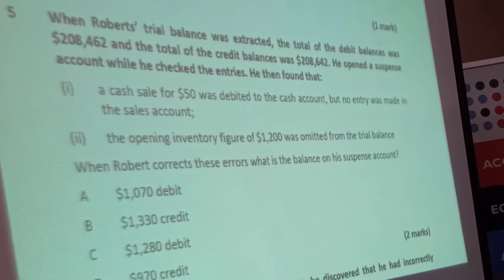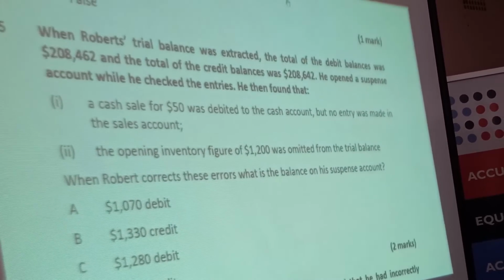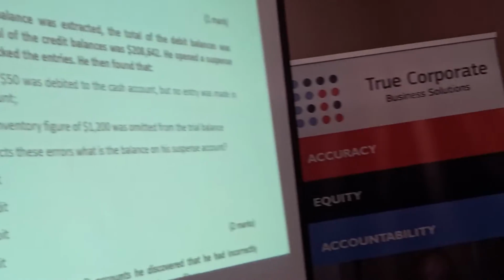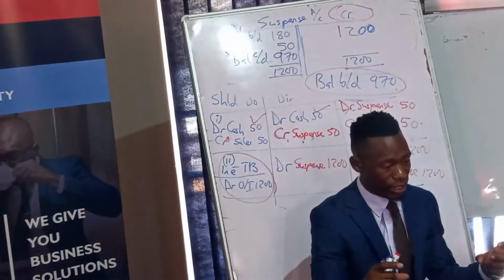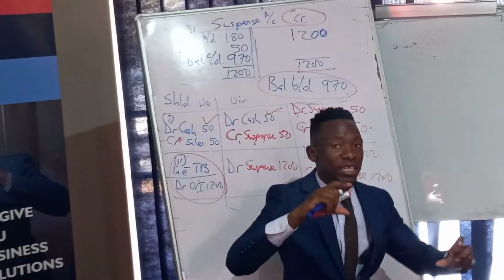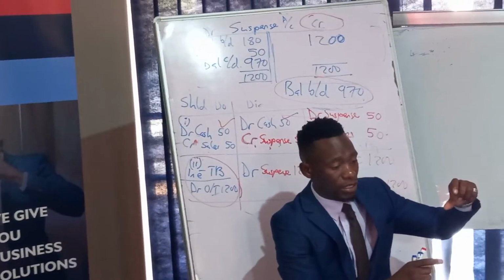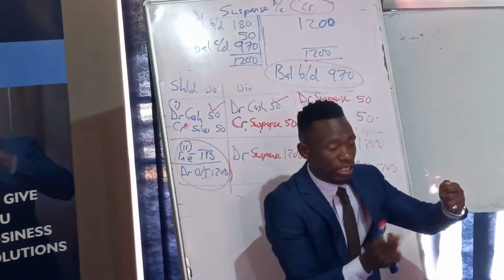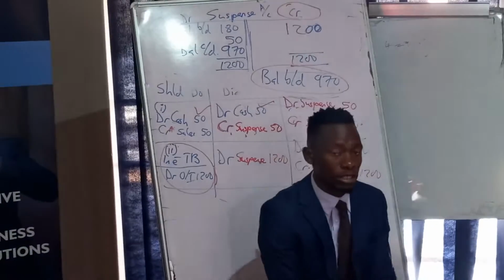Then the credit was 208,642. This indicates that the trial balance was not agreeing. It was not balancing. So it wasn't equal, the debit and the credit. So then we saw that there is a shortfall on which side? The credit side was greater than the debit side. Meaning that on the debit, there was a shortfall of that difference of 180. So that's why I did recognize BD on the debit side.